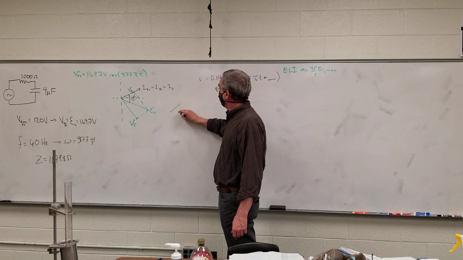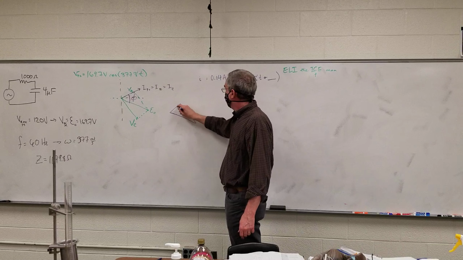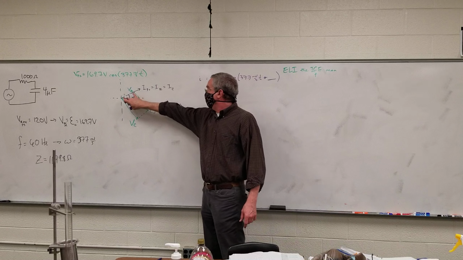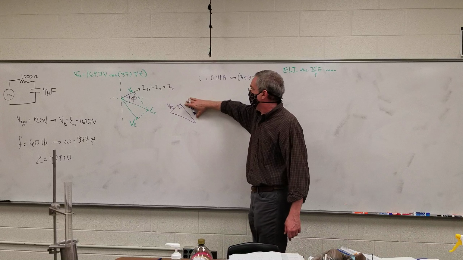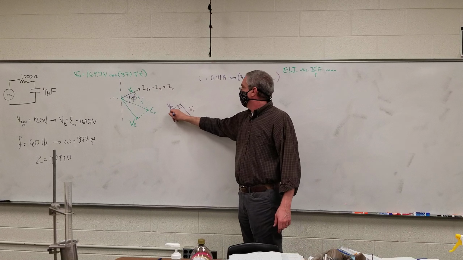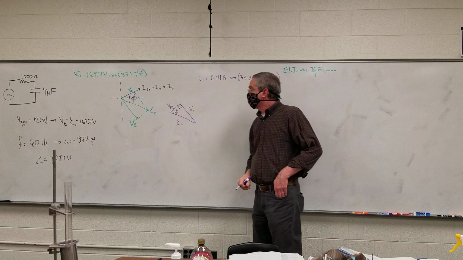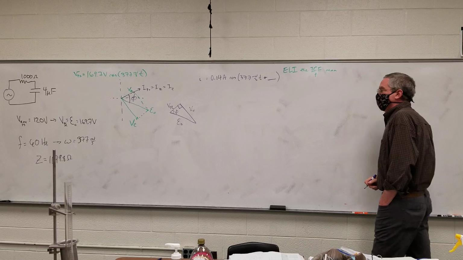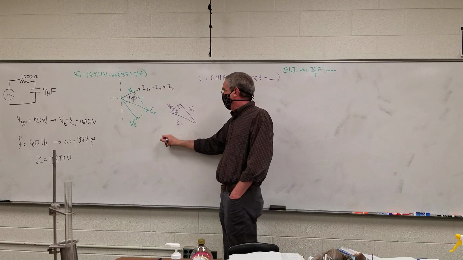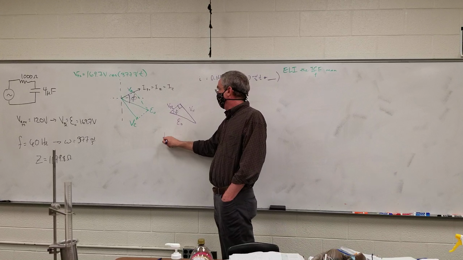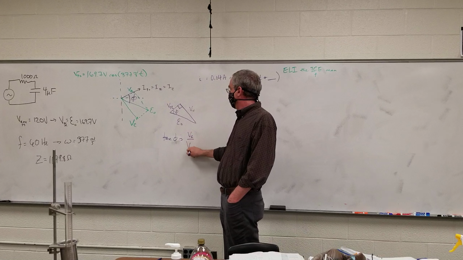If I sort of pull that right triangle out, the length of this side right here is VR. The length of this side right here is VC. There's my phi. There's my hypotenuse. But I'm trying to find phi here, and I know these two things, so it seems like tangent's in order. The tangent of phi is equal to VC over VR.